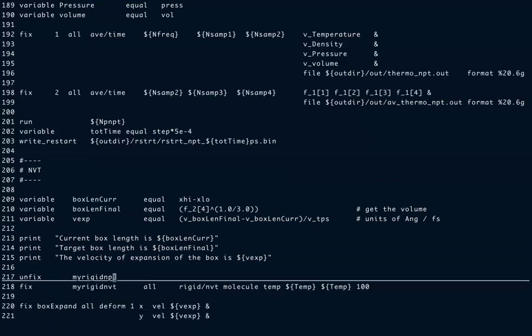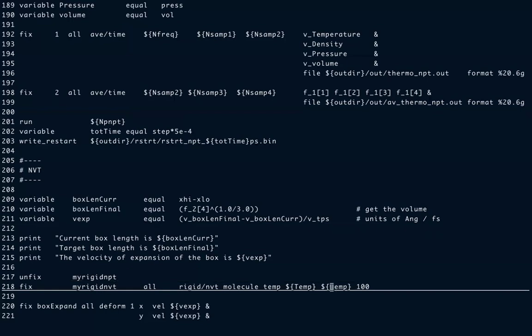Now I tell LAMMPS to unfix NPT, which means that the pressure is no longer controlled through a barostat.